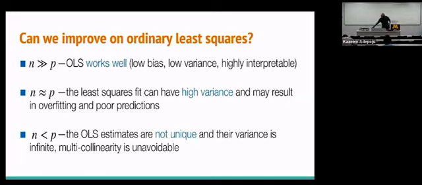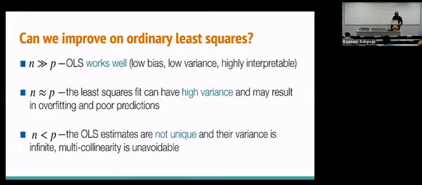And p is the number of predictors. When I say predictors, I mean explanatory variables.